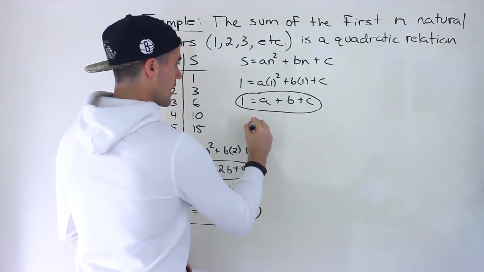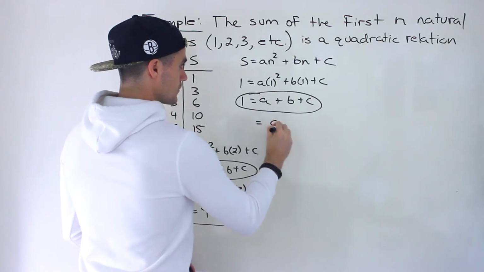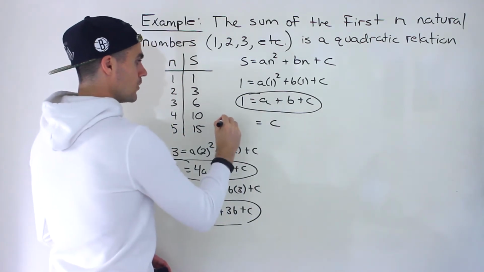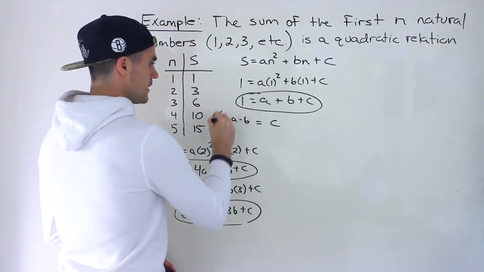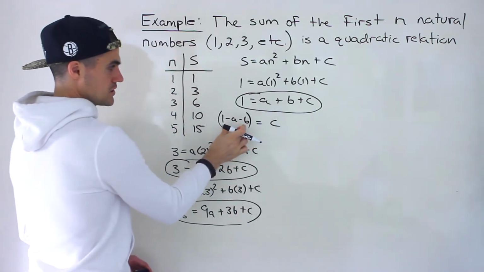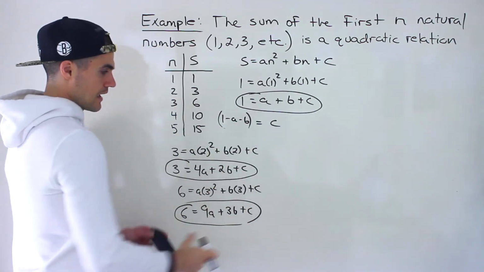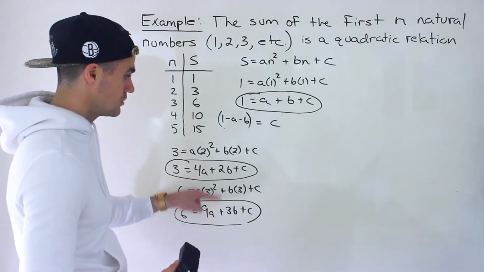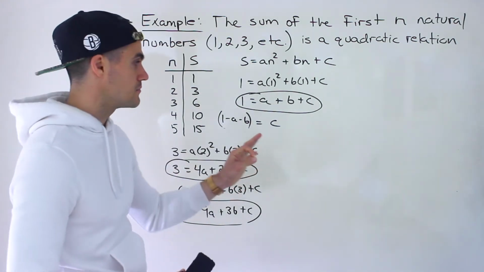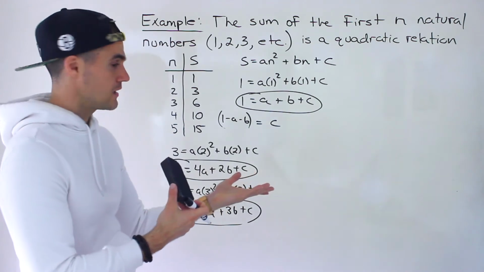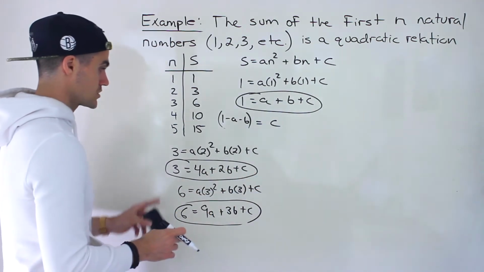If we do that, keep the c on the right side, bring the a and the b over, we'll have 1 minus a minus b. And then I'm going to take this expression and plug it in for this c and then that c. Then notice that we'll have two expressions only in terms of a and b, and then we could solve for a and b using those two expressions.